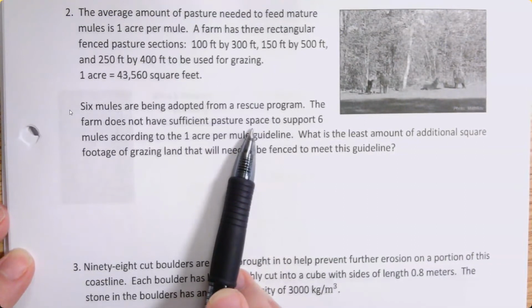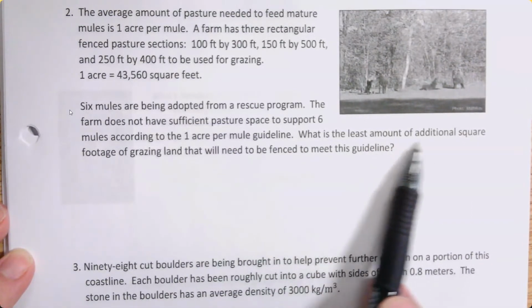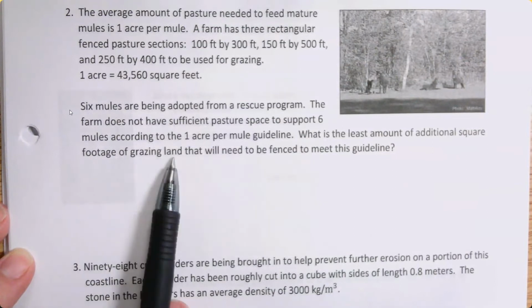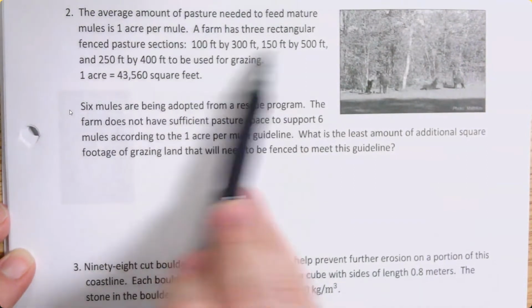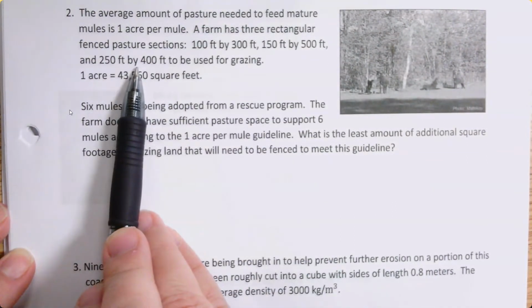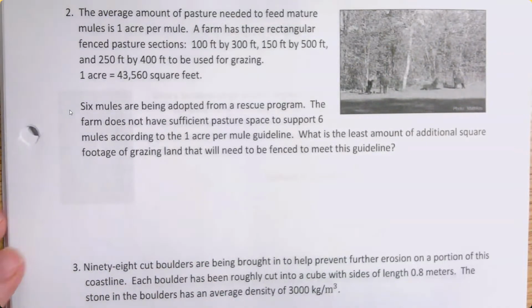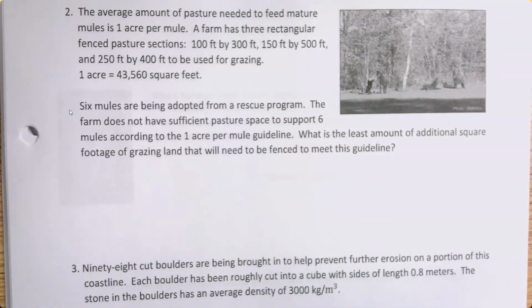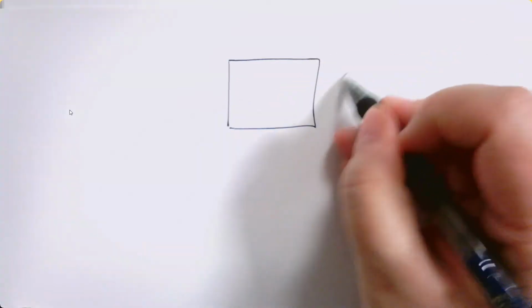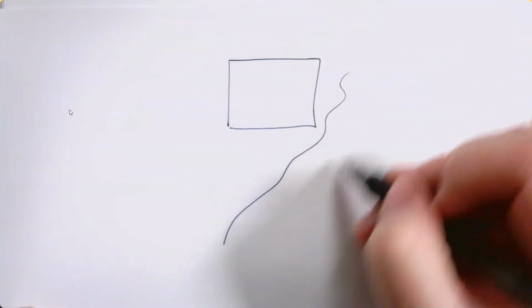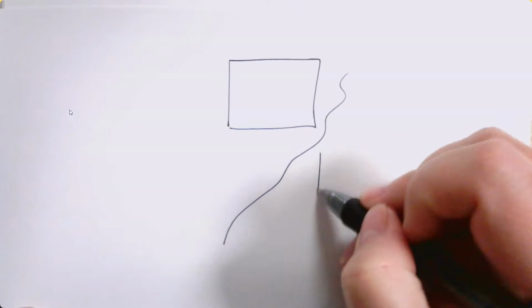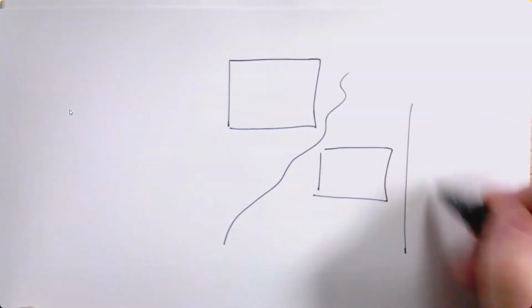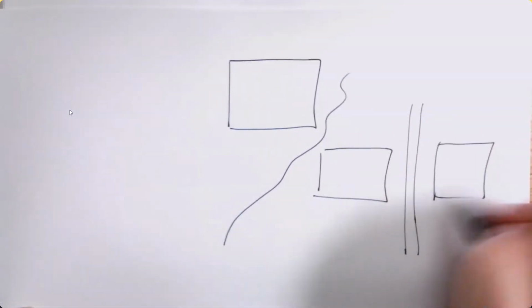So they want me to tell them what is the least amount of additional square footage that we need to add to these 3 pastures in order to have enough square footage. So there are different ways to interpret this. Like, are these pastures adjacent, or do we have a pasture, and then there's a stream, so we don't want to fence the stream, and then there's a pasture over here, and then there's a road, and then a pasture over here.